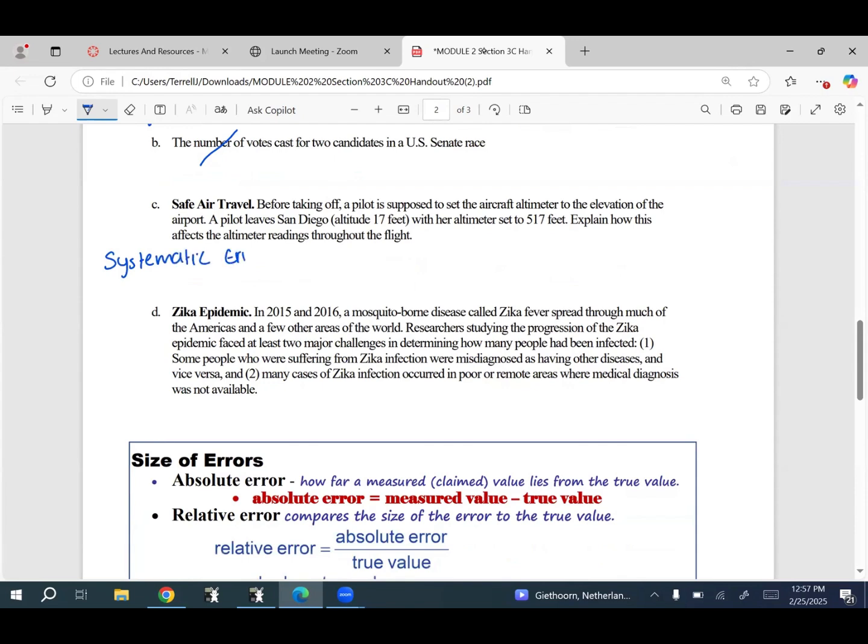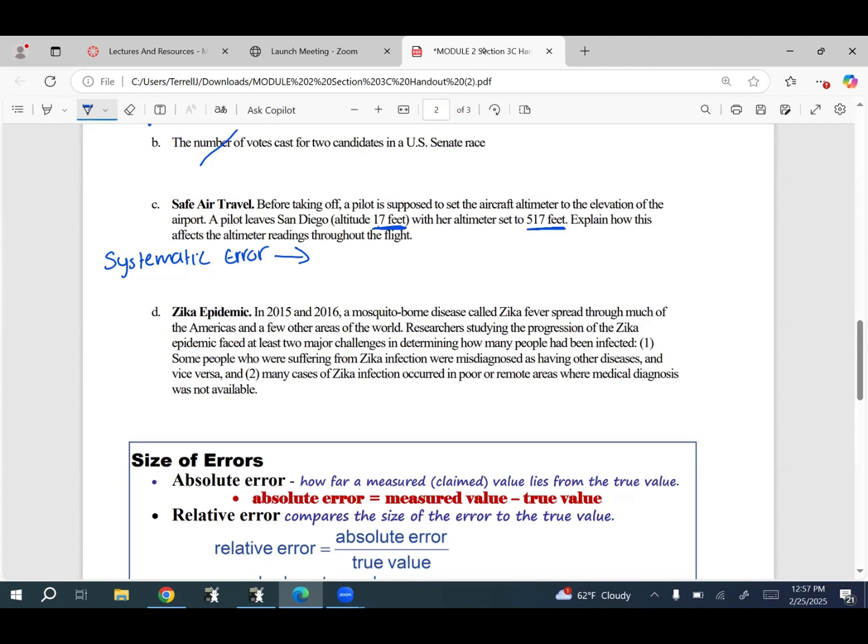And when you're looking for systematic error, or determining if it is systematic, you're looking at, is the same error going to occur to all measurements? And in this case, yes, all of your altimeter readings will be increased by 500 feet. Because remember, it should be 17 feet, but instead the altimeter reading is currently 517 feet, which means it's increased by 500.